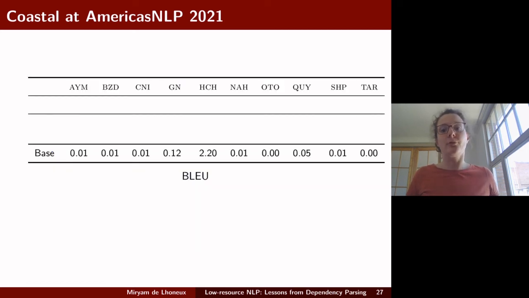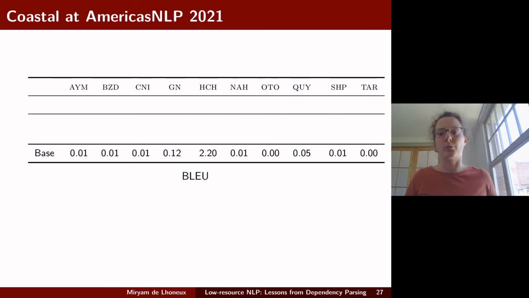So let's first look at the baseline. The baseline provided by the organizers is based on pre-trained transformers, and you can see here the BLEU scores are extremely low. Now, of course, BLEU scores have known problems, particularly for morphologically complex languages, but the character F-score gave quite similar trends.